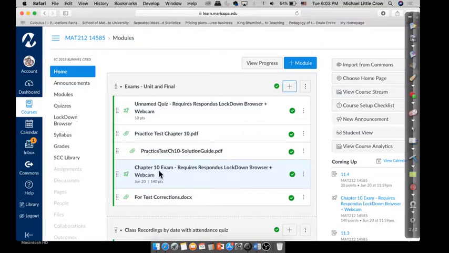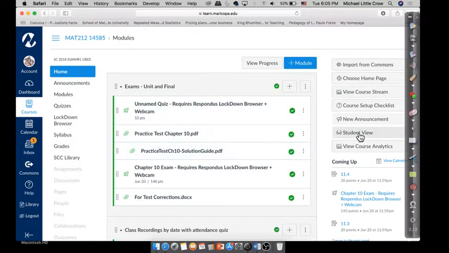This is Canvas. I'll just talk you through it, because I got a couple emails from people who are having difficulty getting the lockdown browser, and it's not as straightforward as I would have thought. What you have to do is from within Canvas, try to take one of the quizzes, like the unnamed quiz.